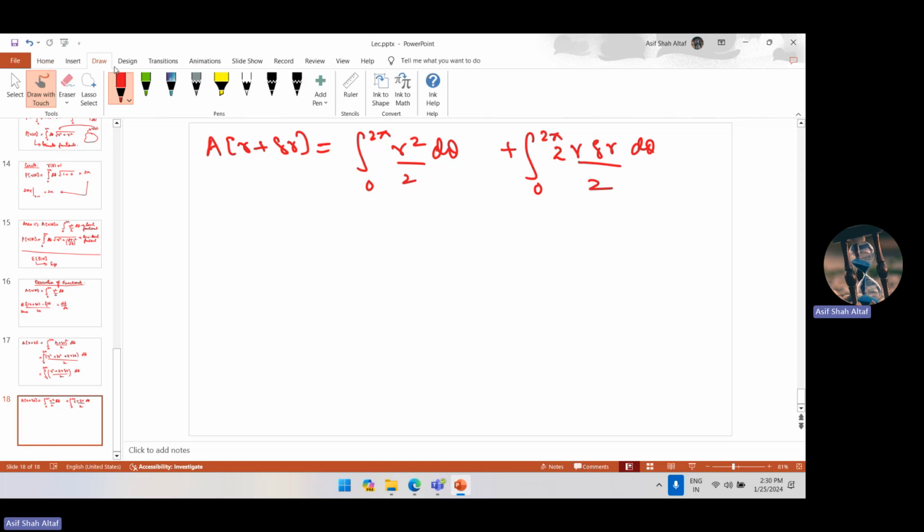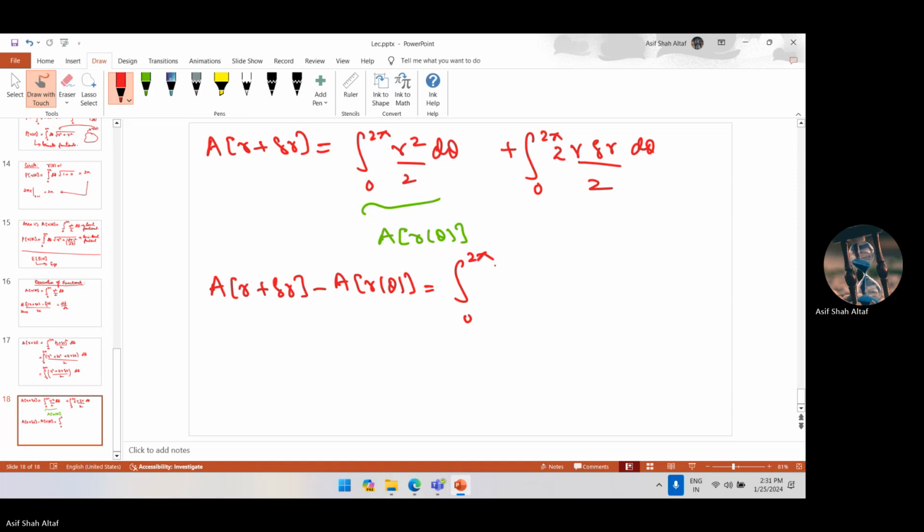Now, if you recognize this term here, this is nothing but just the original term, right? So you can take it to the left, and the 2 will go. So you will have finally in the end something like this.